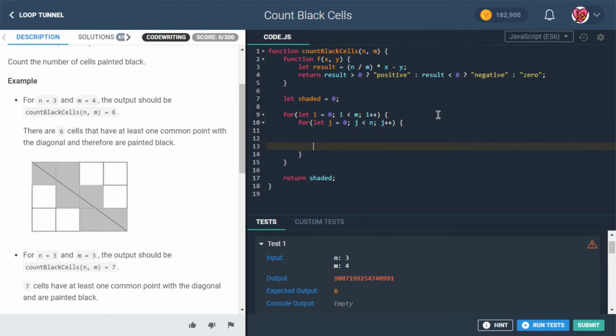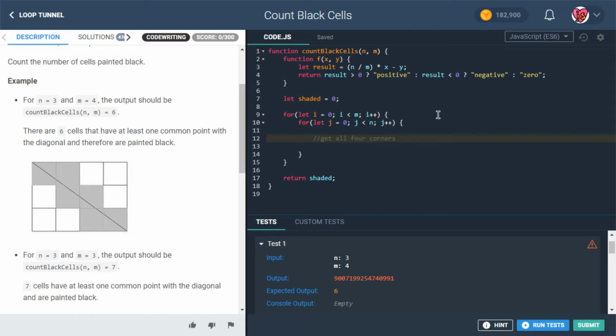What are we going to do with each one? Okay, we're going to get all 4 corners. Cool. And then we want to determine if it's shaded.